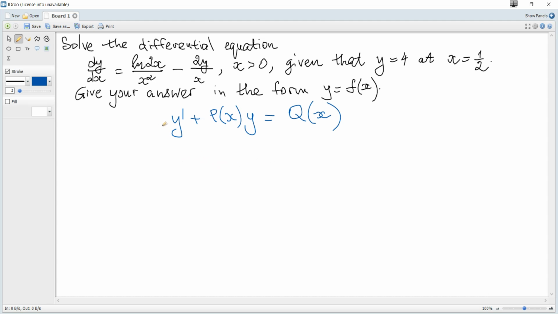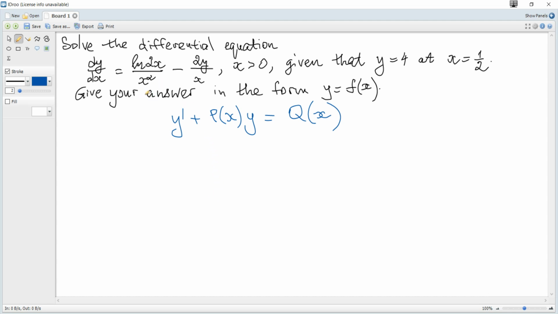And notice that if there is some additional factor in front of the derivative of y, for example, if it would be x here, you need to divide each term by x to get just derivative of y, because we can solve if this equation is exactly of such form.